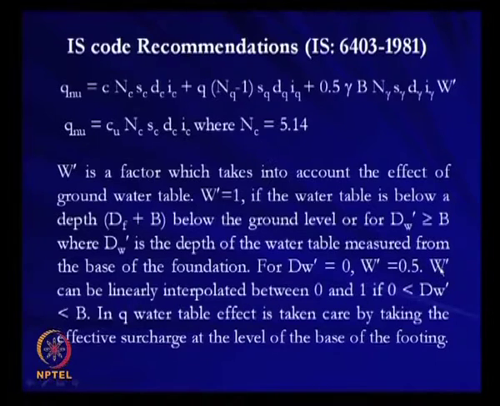Now, this W dash can be linearly interpolated between 0.5 and 1 if Dw is greater than 0 and less than B. So, in between this, because at the B position this W dash is 1 and at 0 position this W dash is 0.5, that means this can be linearly interpolated between this range.